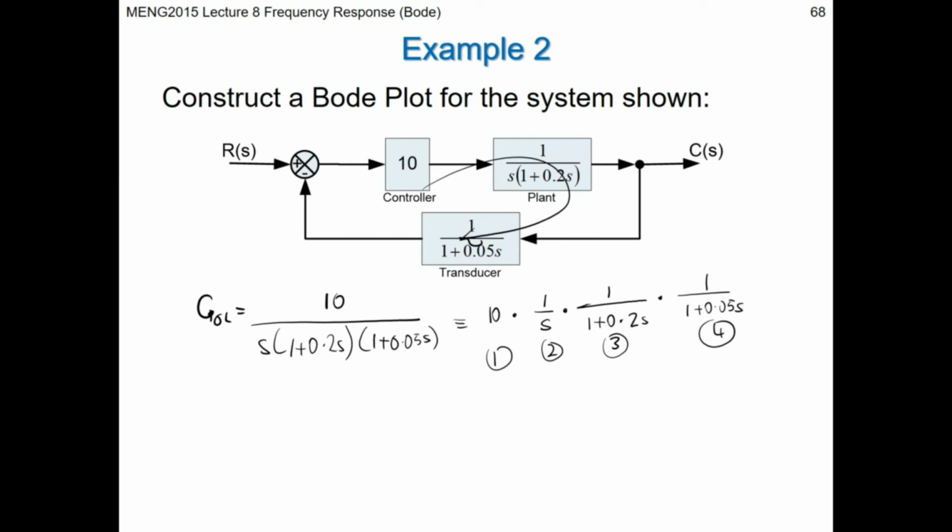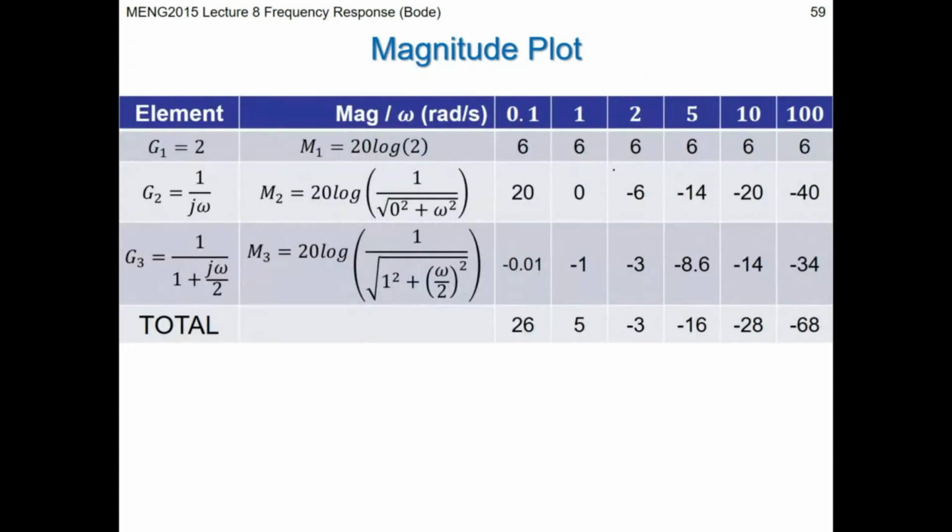From our pure integrator, well, the pure integrator is exactly the same as the previous example. Our previous example, we saw a pure integrator gave us a straight line in gain, starting at 20 decibels at 0.1, going through 0 at 1 radian per second, and minus 20 at 10, minus 40 at 100. So it's minus 20 decibels per decade, going through 0 decibels at 1 radian per second.